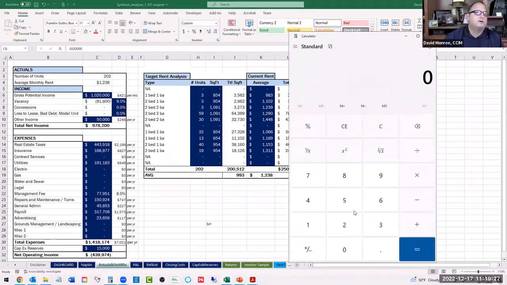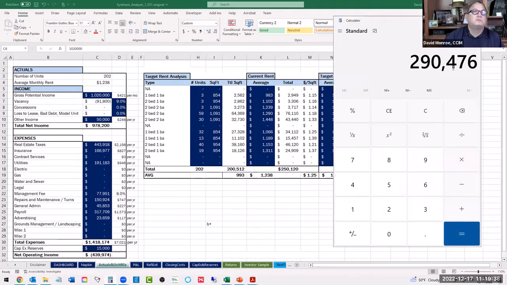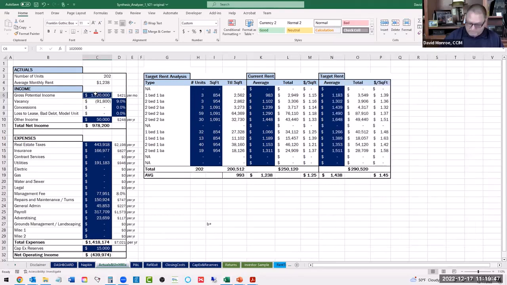We know we have 202 units times what were our market rents. Here was our target rents. Gross potential income is going to be times 1438. So times 1438 equals 290,476, times 12 equals 3,485,712.